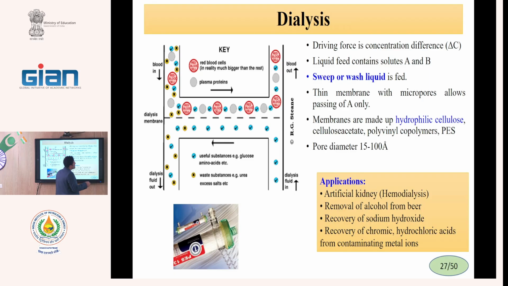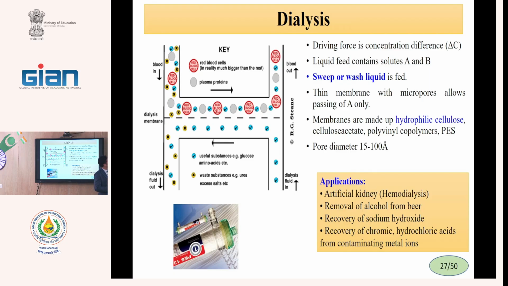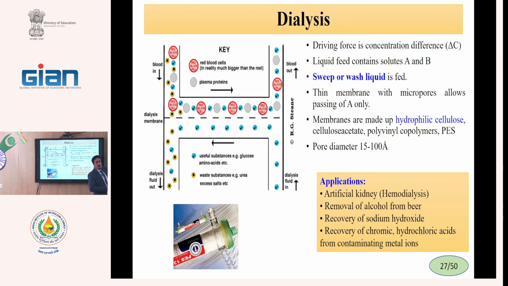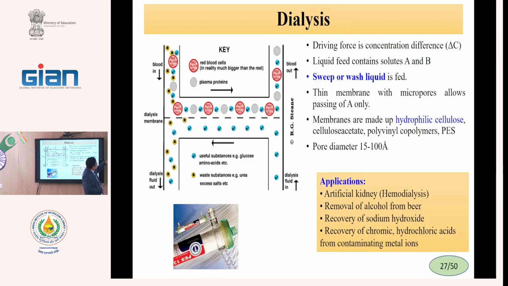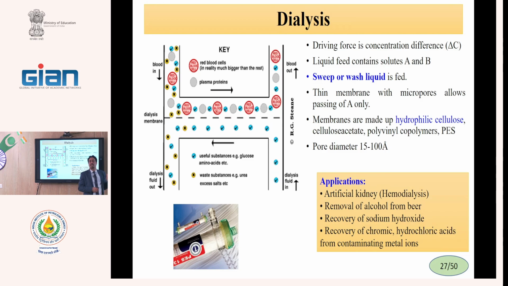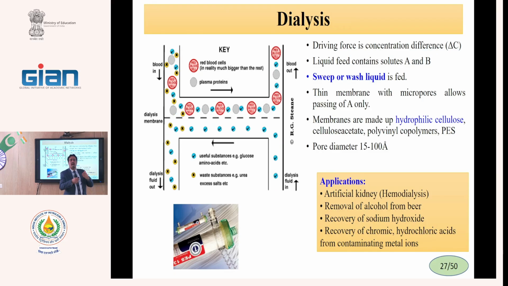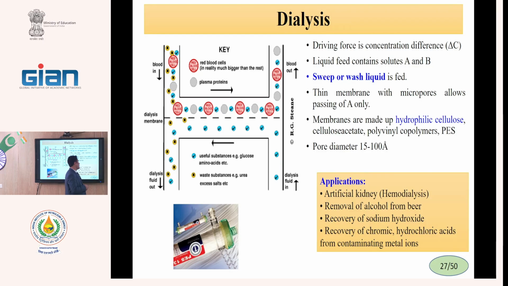You see here, for example, we have a pore size. Usually this pore size for a dialysis membrane is 20 nanometer. With 20 nanometer pores, the big molecules cannot pass. If we apply pressure, they also cannot pass.